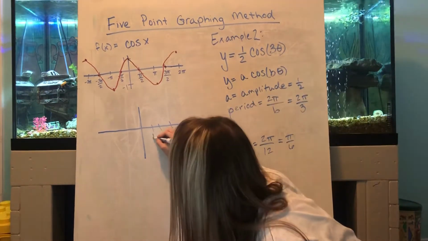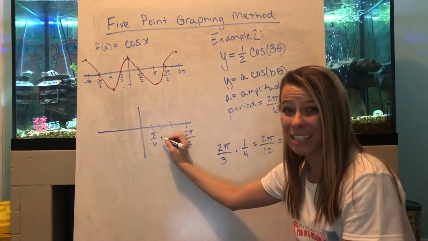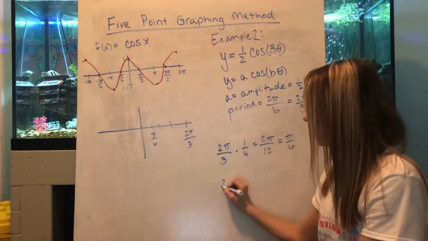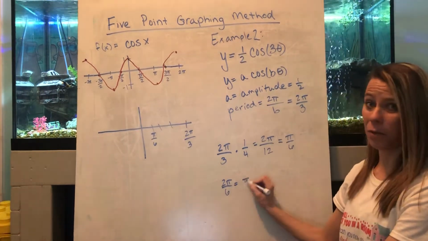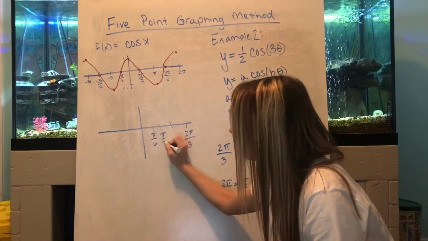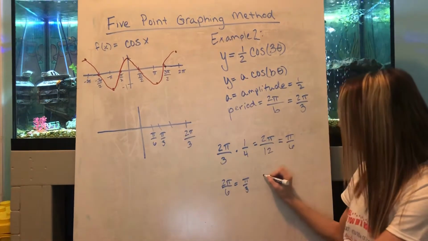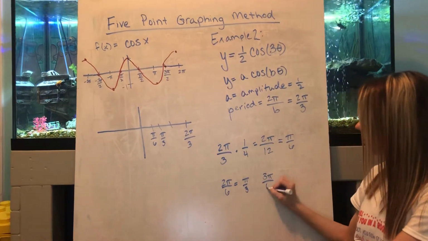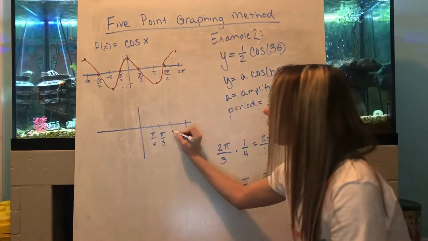So pi over 6, 2 pi over 6, which is the same thing as pi over 3. Didn't want you to think that I pulled that out of thin air. And then 3 pi over 6, which is the same thing as pi over 2, is what I'm going to put here.